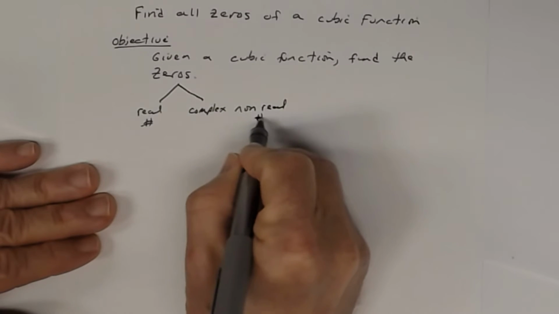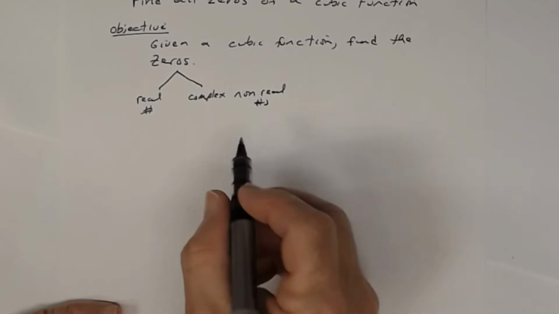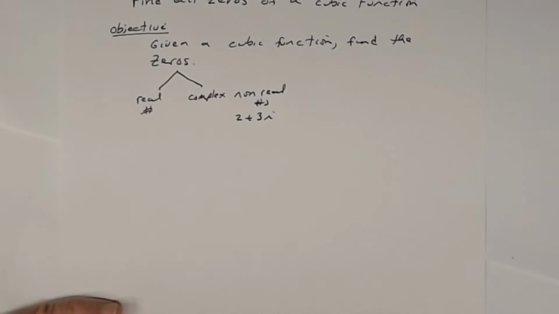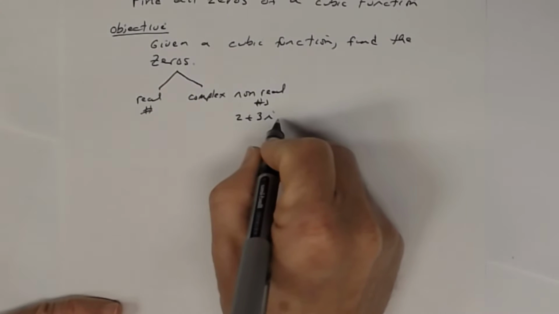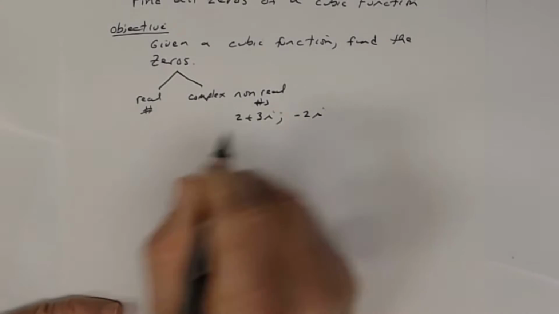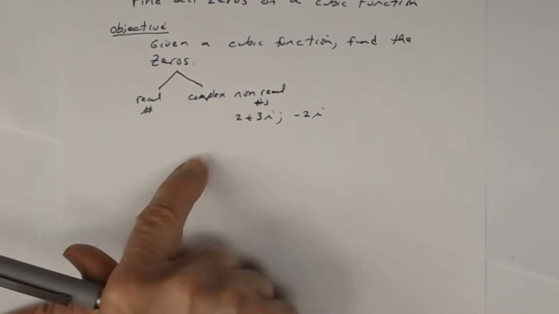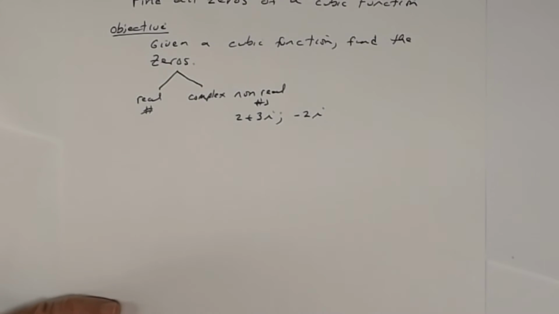For example, a non-real number would be something like 2 plus 3i. And it doesn't have to be in the form a plus bi. It could be something like negative 2i. So that's what I mean by complex non-real numbers. Also, just like with the irrational roots that come in pairs, complex non-real numbers come in pairs also.